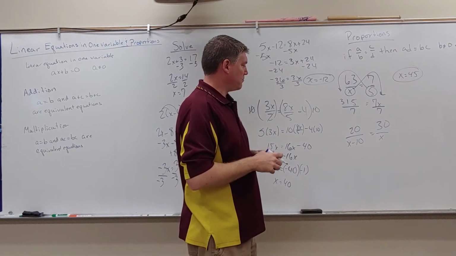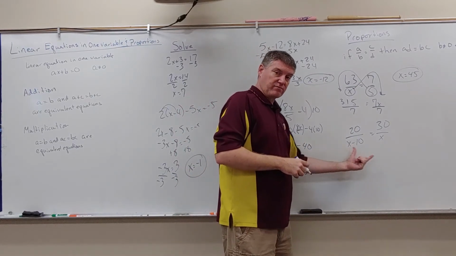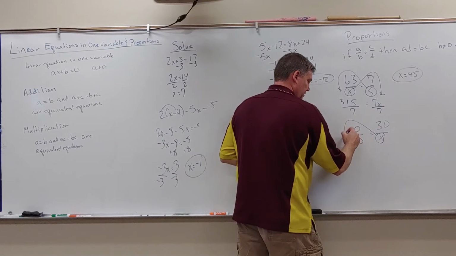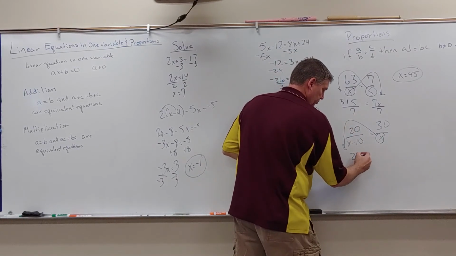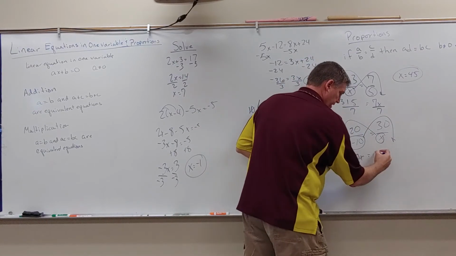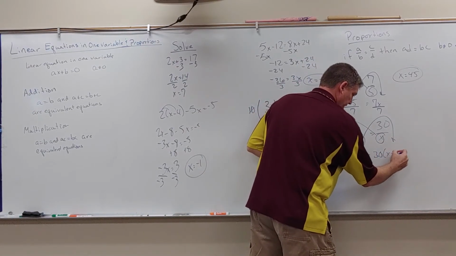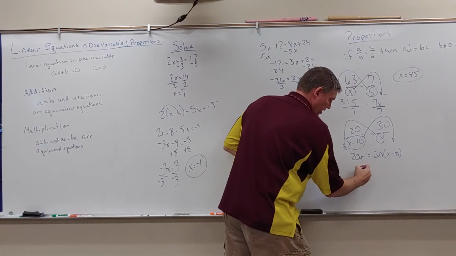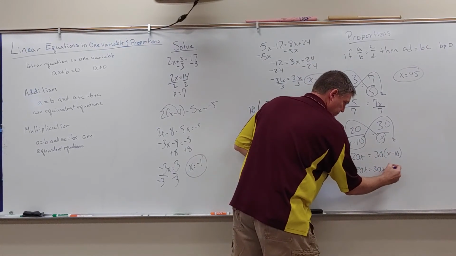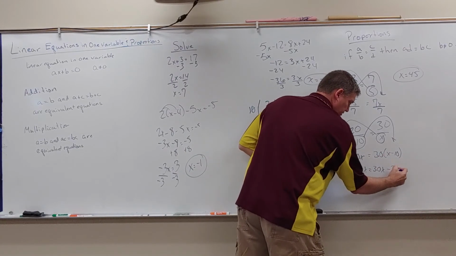Okay. Now the next one I have variables here. So I'm going to take my x, multiply it by 20. So I end up with 20x equals, I'm going to take this whole piece and multiply it by 30. So 30 times x minus 10. So I have 20x equals 30 times x is 30x minus 300.